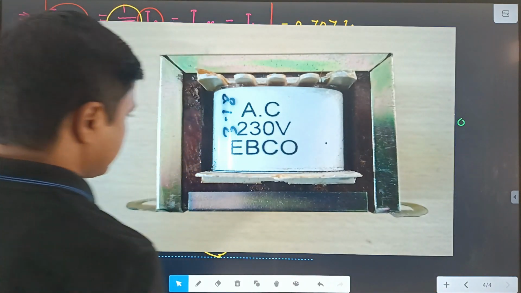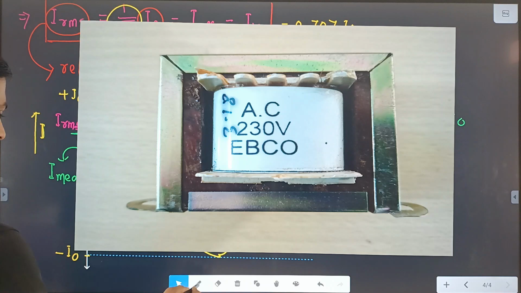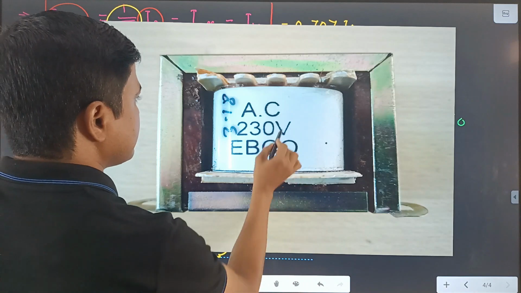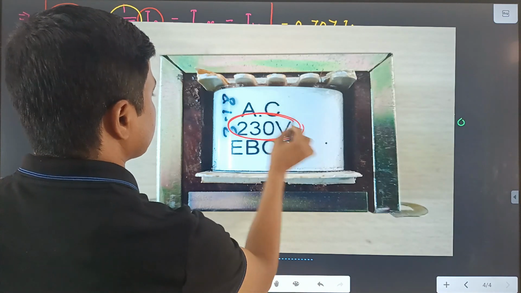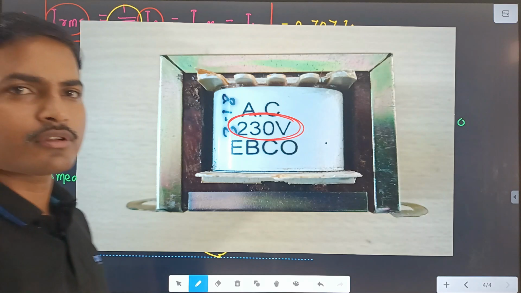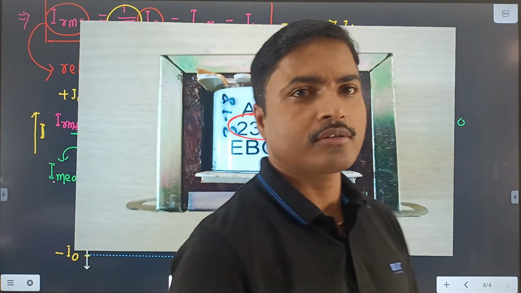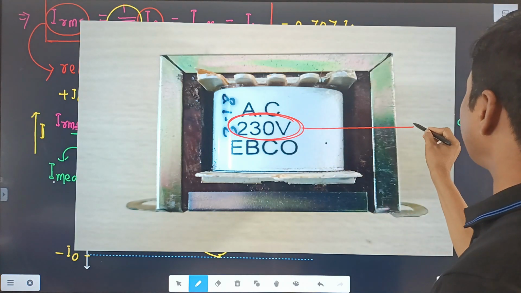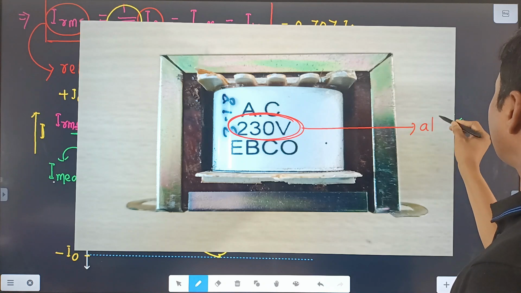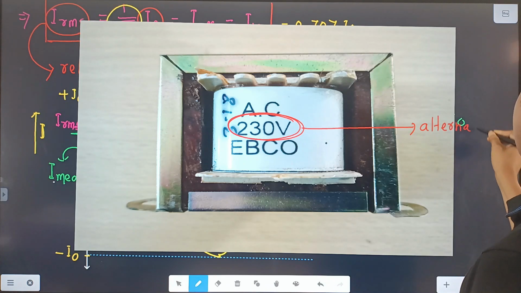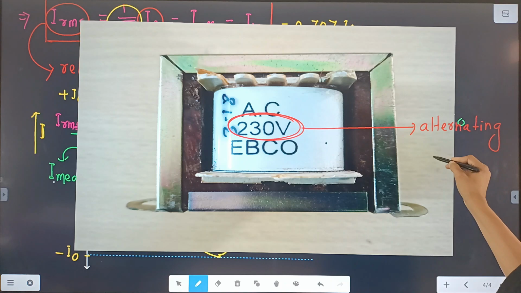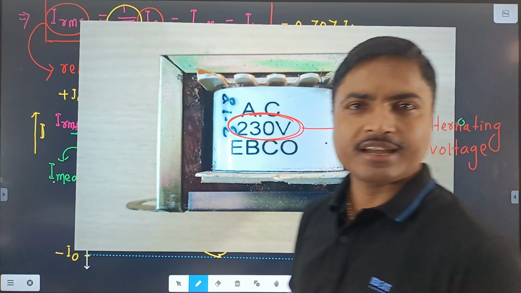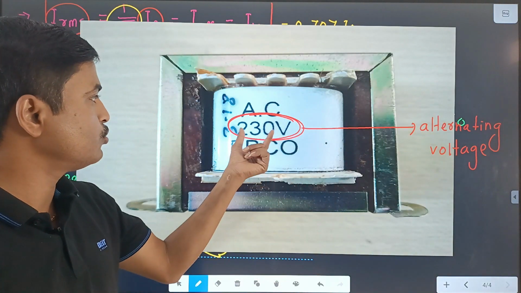And in this transformer, look at the figure, it is marked 230 volt. 230 volt means that is the alternating EMF, or that is also known as the alternating voltage. That means alternating voltage is equal to 230 volt.